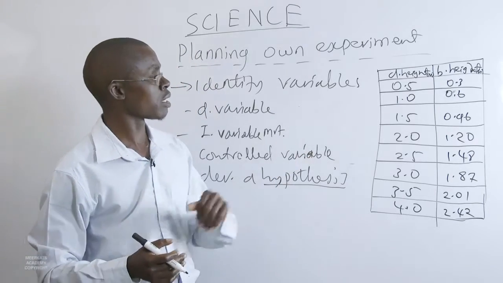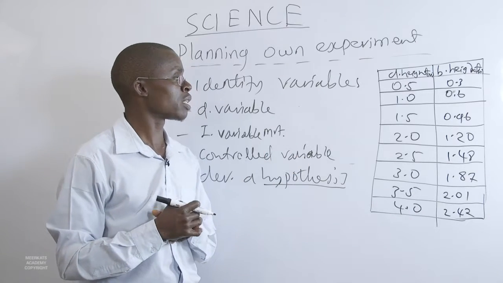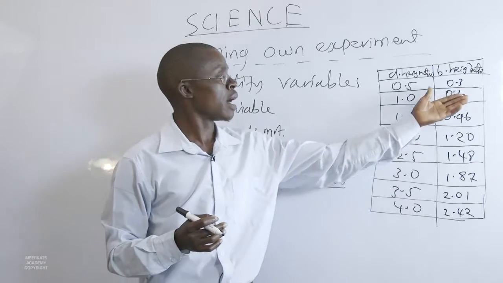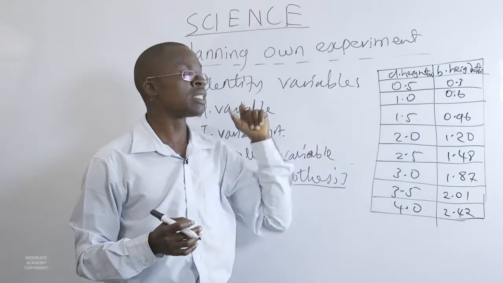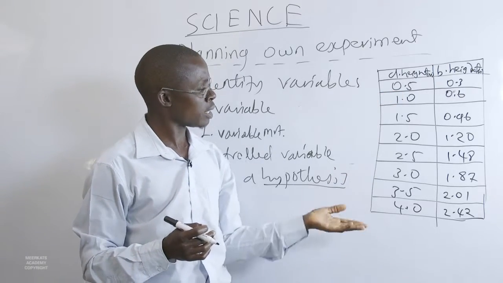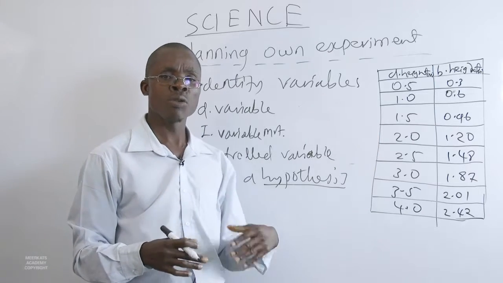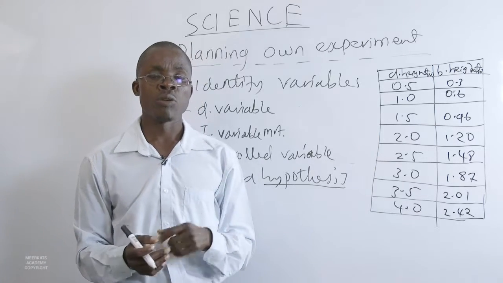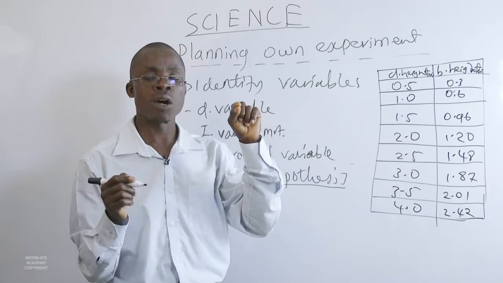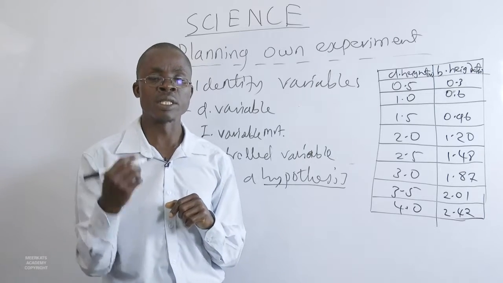Now, if you have gotten such figures as data, you have tabulated this data where the bouncing height is dependent on the dropping height. But how would you get to that point? You get to that point after you have moved from the point of results to the point of discussion, or analyzing the results.